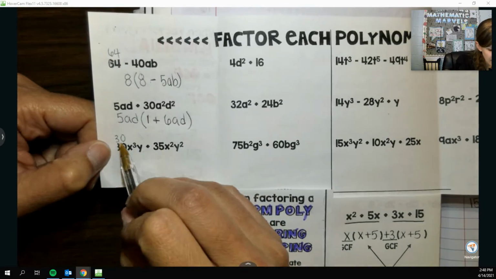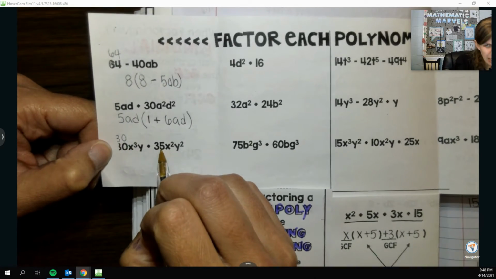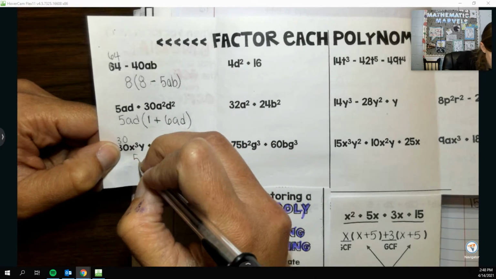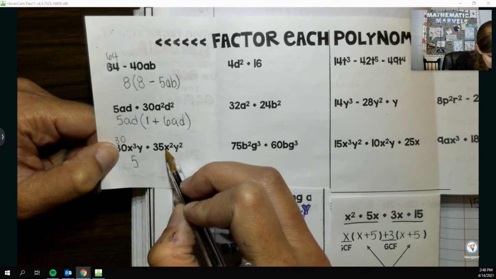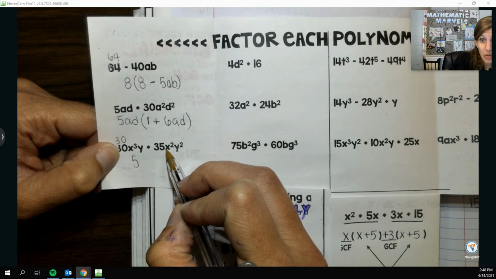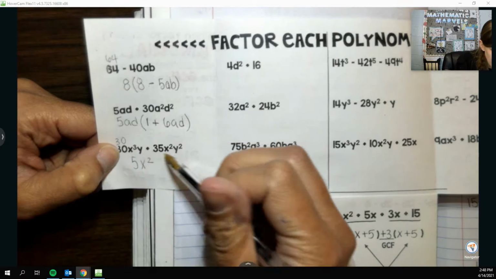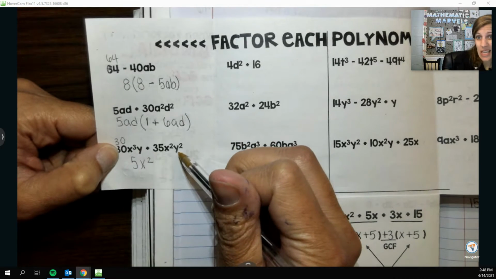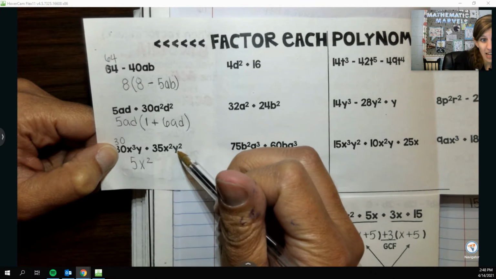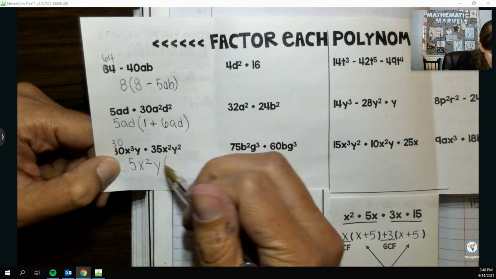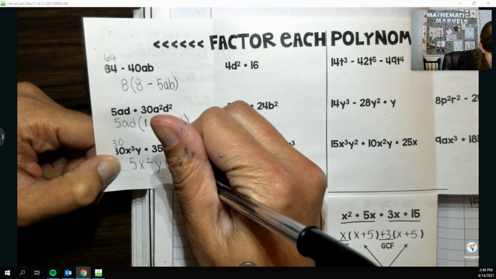Moving right along, when I look at these numbers, the biggest number that I can take I think is 5. We'll try that. As far as x's go, I can only take 2 because this one doesn't have any more for me to take. And as far as y's go, I can only take 1, even though that guy has 2. Okay, so then 5 times what gets me 30, and that's 6.